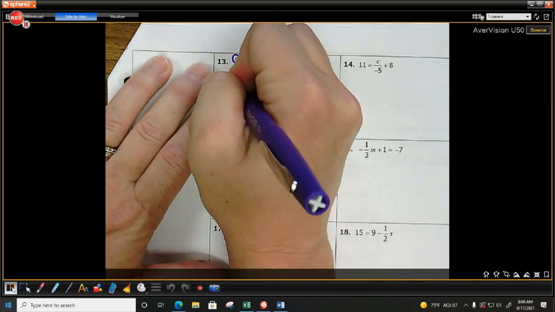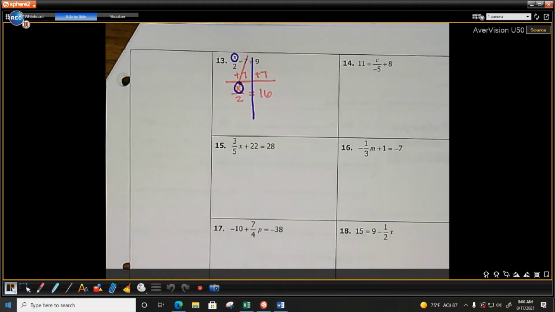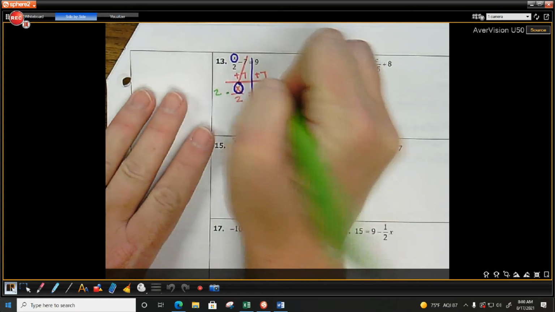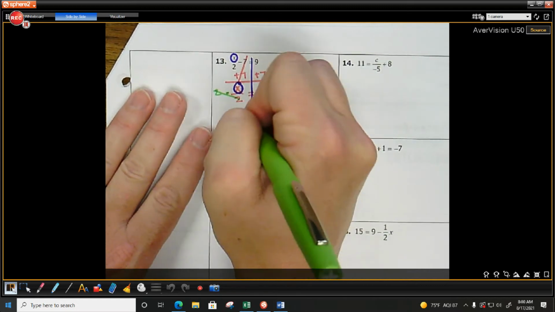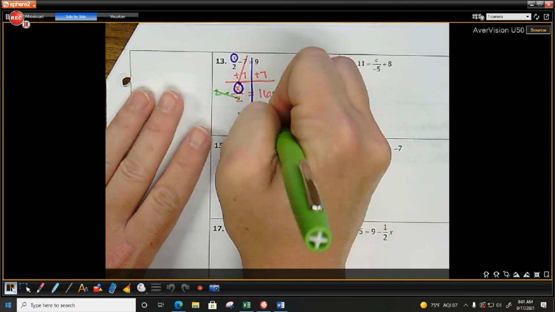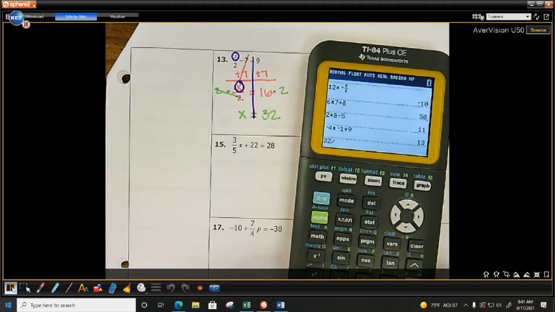What's on the same side as that x? The 2. What's that fraction bar represent? What's the opposite of divide by 2? Multiply both sides by 2. Times 2 and divide by 2 cancel each other, and I get x equals 32. You can check yourself. 32 divided by 2 minus 7 is 9. Good?